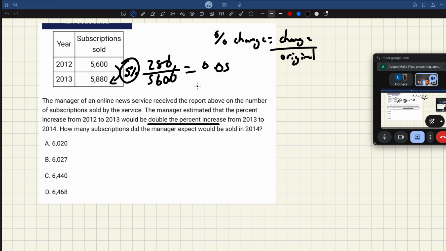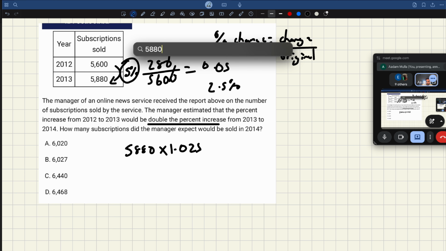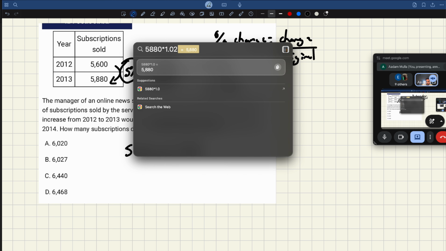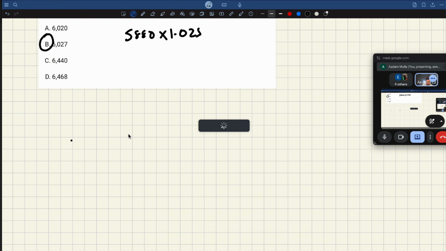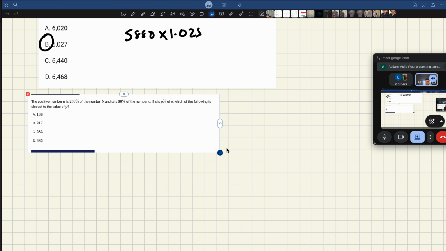So we actually have to find 2.5% to get the answer. So I'm going to do 5,880 multiplied by 1.025. Let's see what that gives us. 6027. So B was the correct answer. Well done, Robbie. Let's go through one more question.